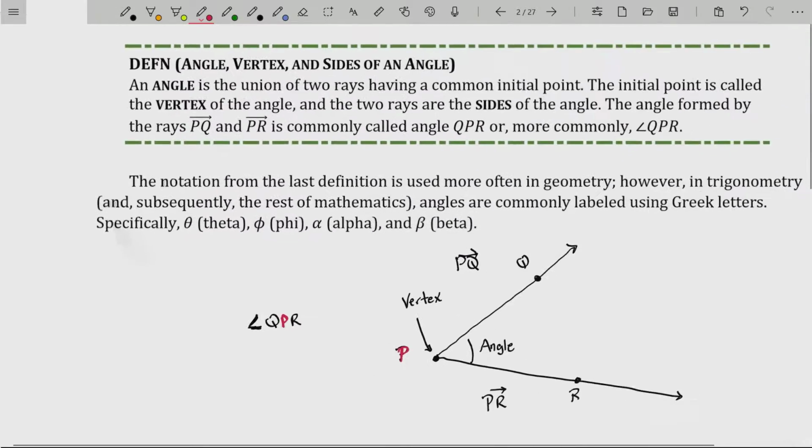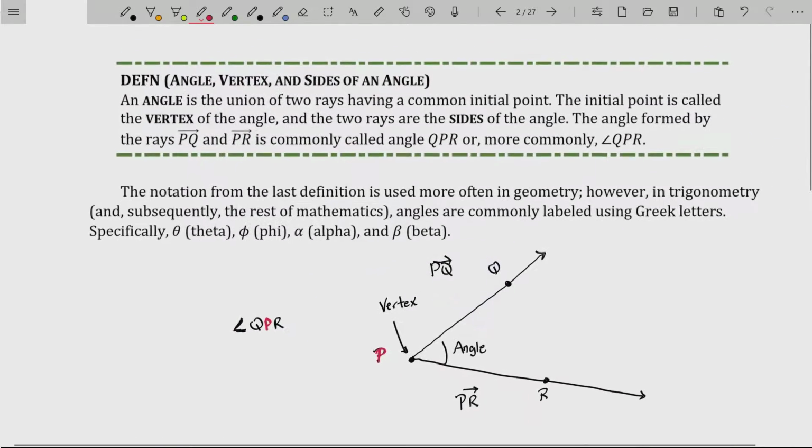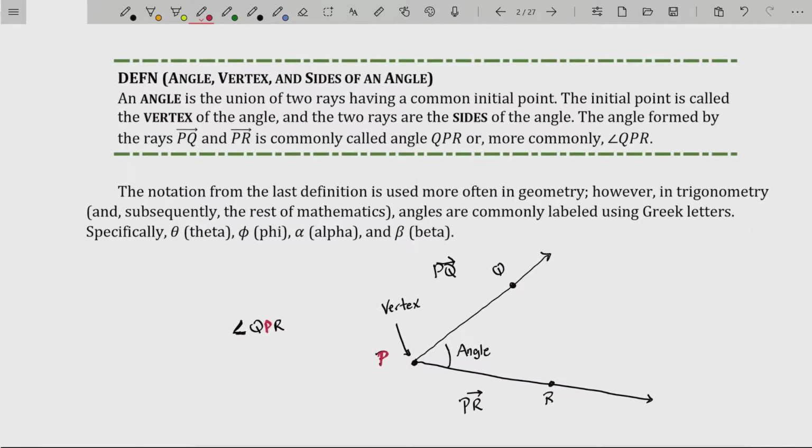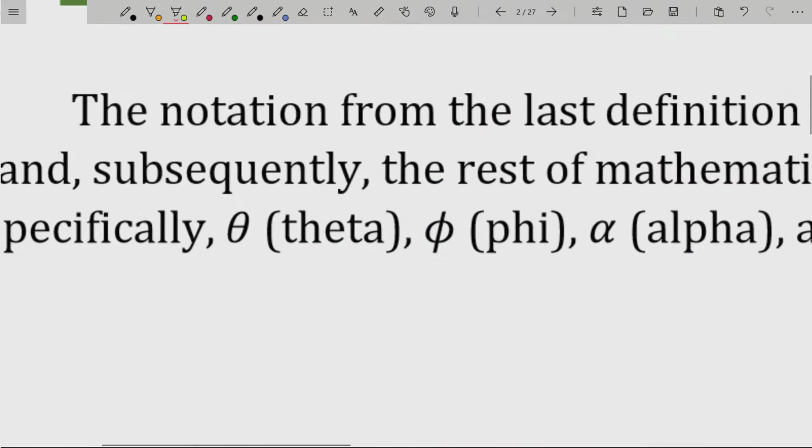The notation from the last definition is used more often in geometry. When I say the notation, I mean this notation right here. In trigonometry, subsequently the rest of mathematics, angles are often labeled using Greek letters. Specifically in a trig course, theta. I know some people think I say feta, but that's feta, like a cheese.